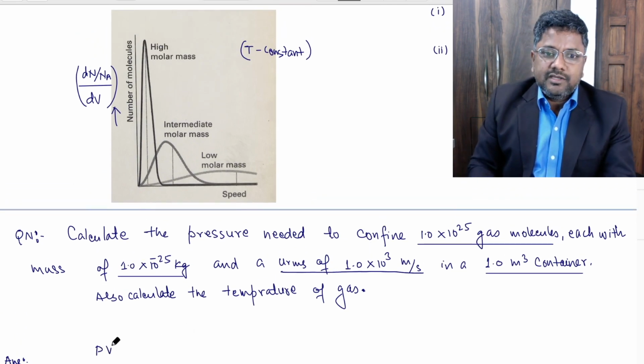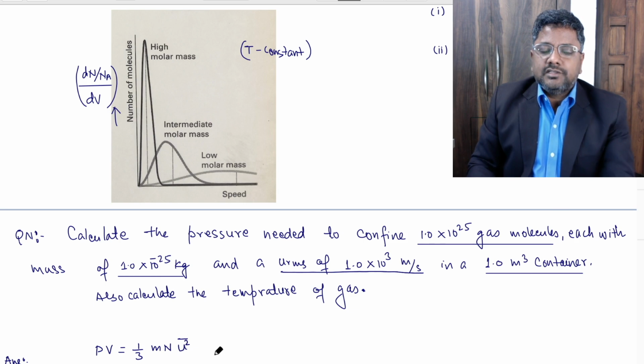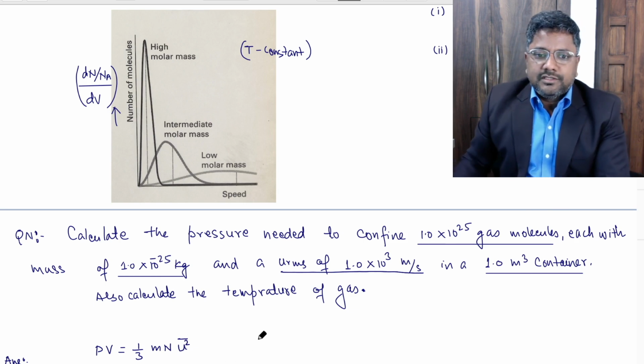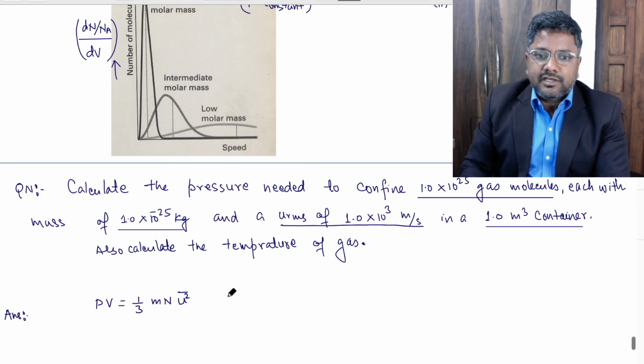So PV is equal to 1 by 3 m N U bar square, right? So this is the equation. Through this we can calculate the pressure. Now see what is given.